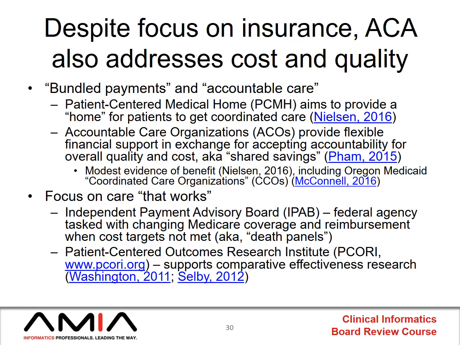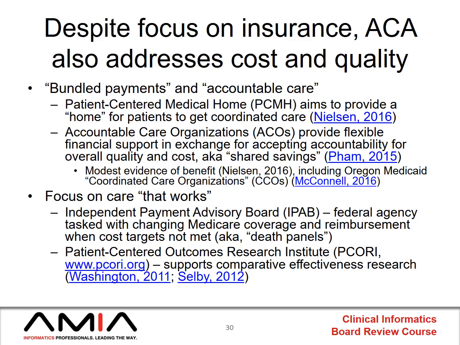Despite the focus of the ACA on insurance, it does address issues of cost and quality. There are bundled payment approaches within the ACA, mostly implemented through what some call accountable care.